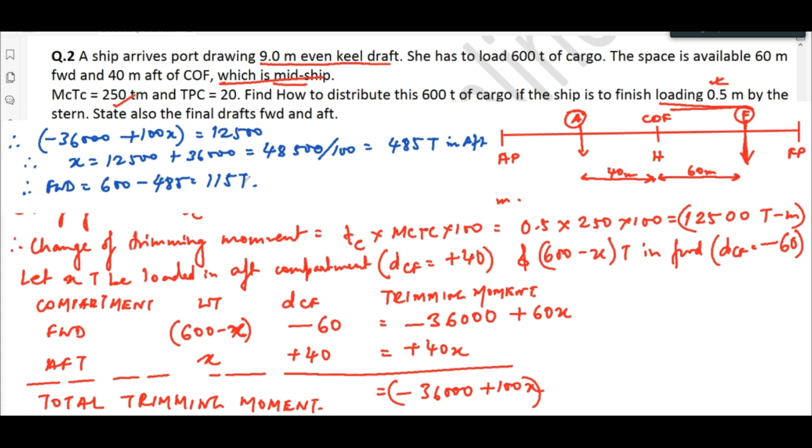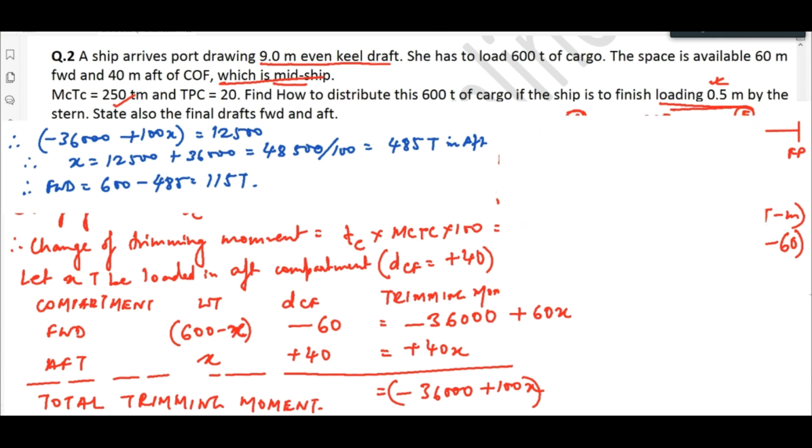Only the right hand side. Let me just erase only the right hand side. So now what do we have? That is done.